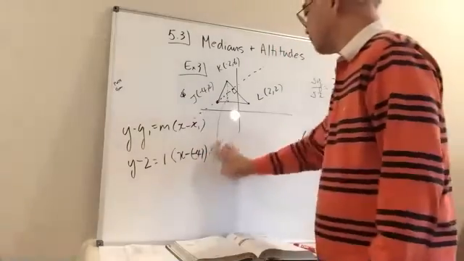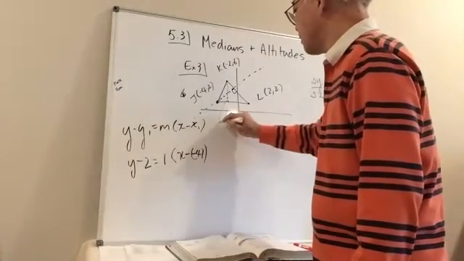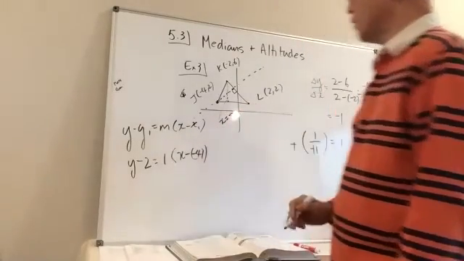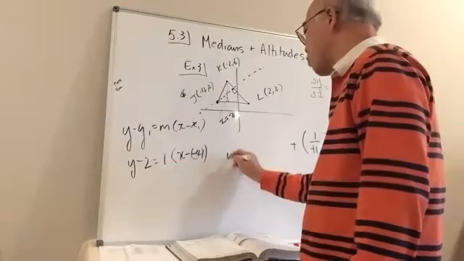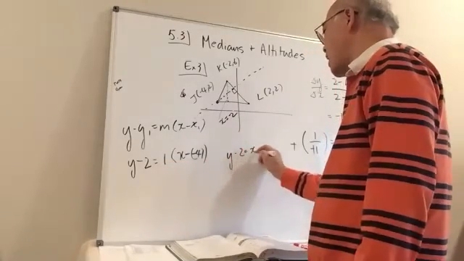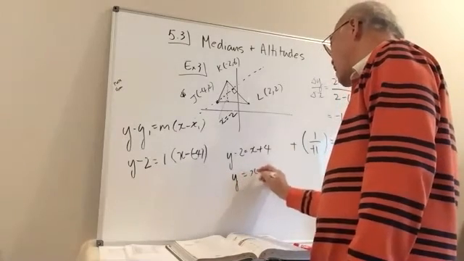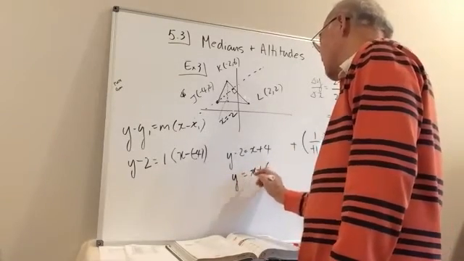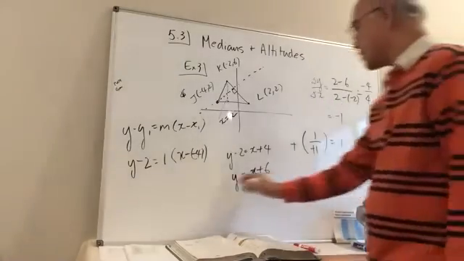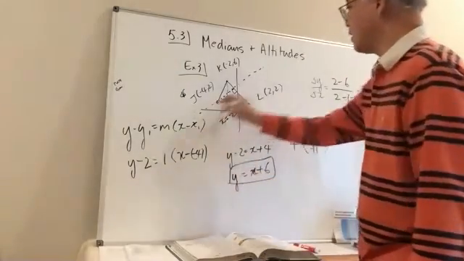So this is the equation, y minus 2 is equal to x plus 4. Y is equal to x plus 6. Okay, so that's the equation of this line right here.